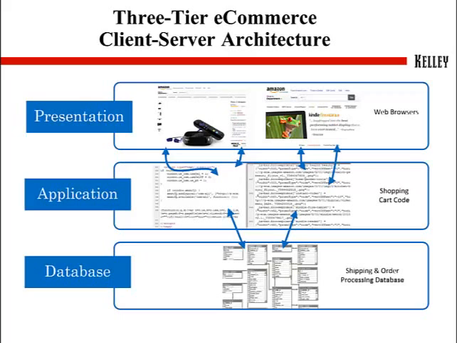And in the case of Amazon, they probably have many application servers, perhaps several in each country where they do business. The database tier would contain all of the files and the database management system that would contain data for shipping and order processing.